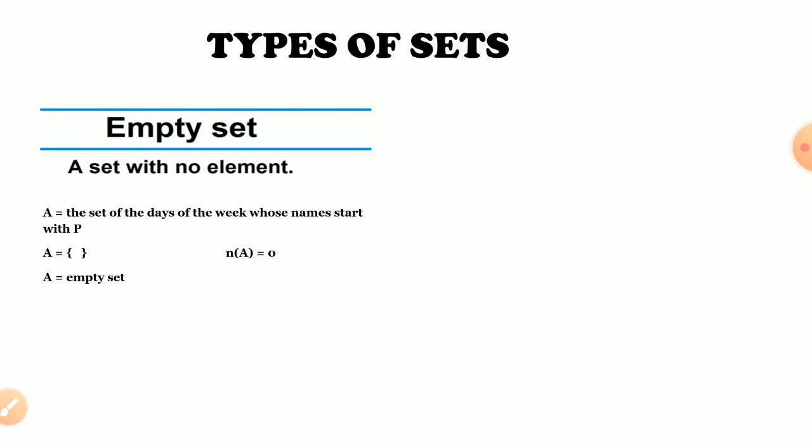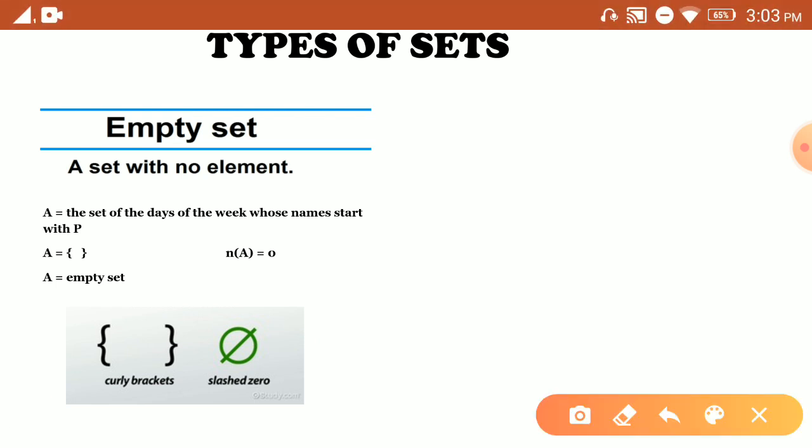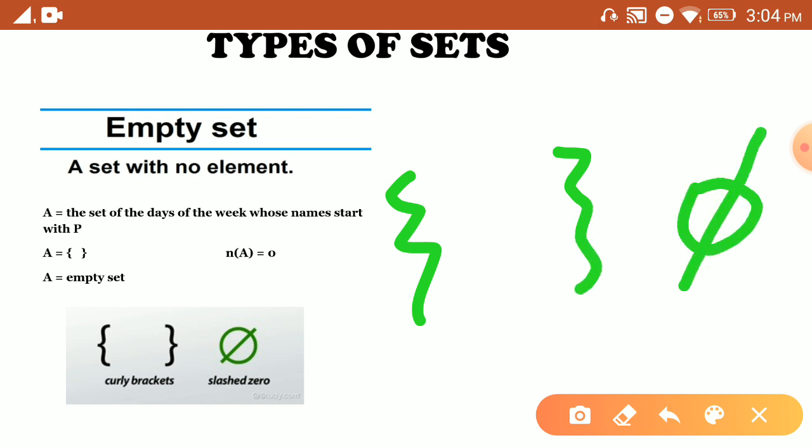There are two symbols which we can use to represent the empty set. The first one is empty curly brackets and the second one is a slashed 0. Please make sure not to combine both the symbols. It is just empty curly brackets, or 0 with a slash.